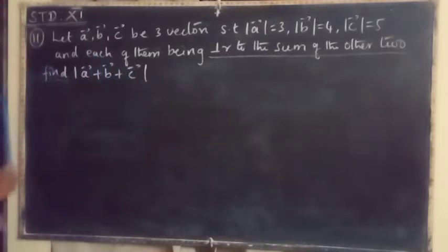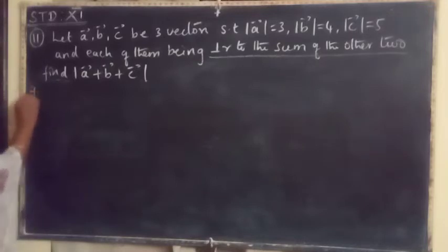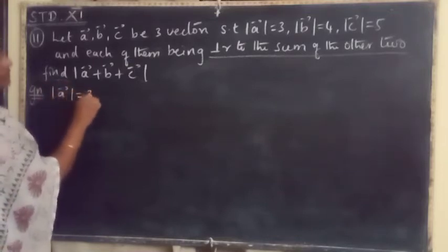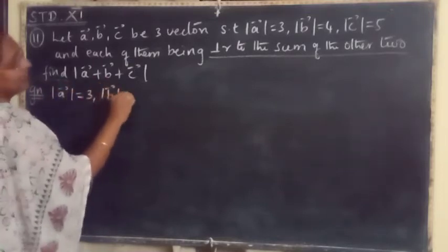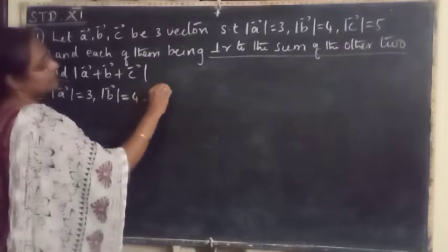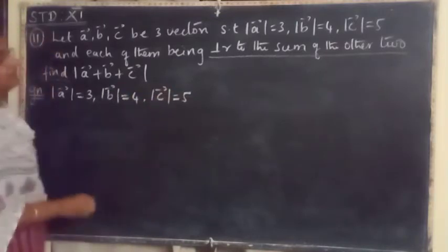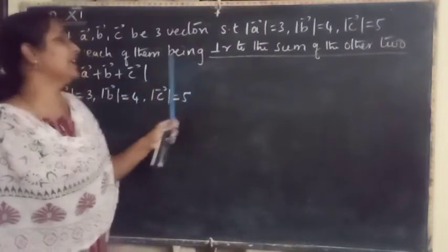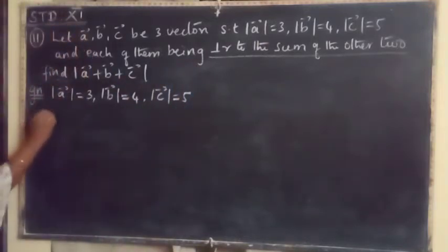Okay. So first let us write down the given information. Modulus of A vector equal to 3, modulus of B vector equal to 4 and modulus of C vector equal to 5. Okay. So now each of them being perpendicular.